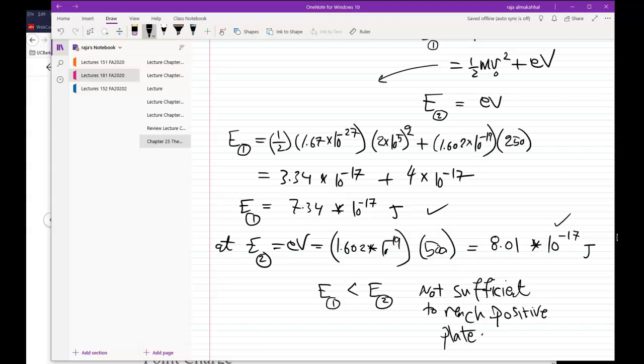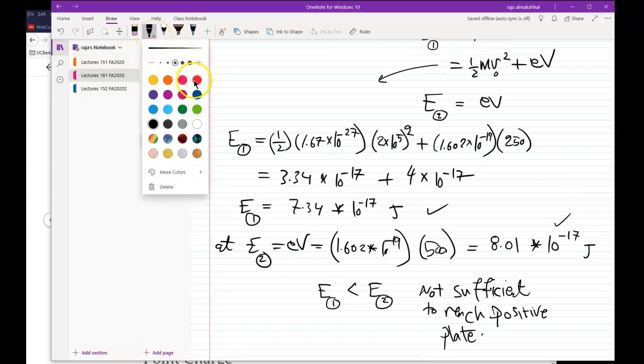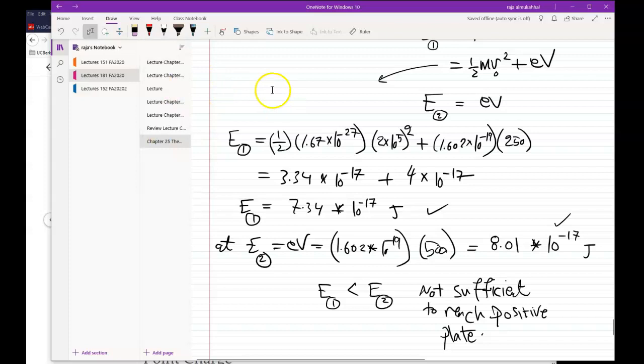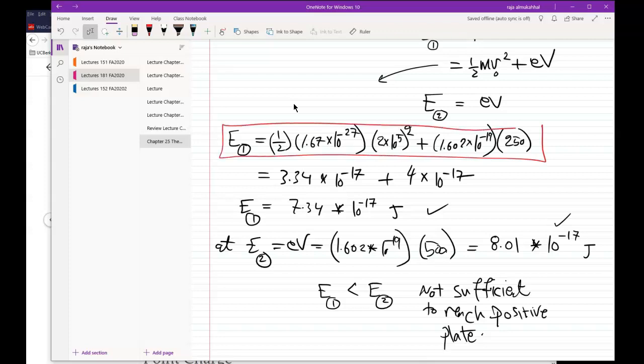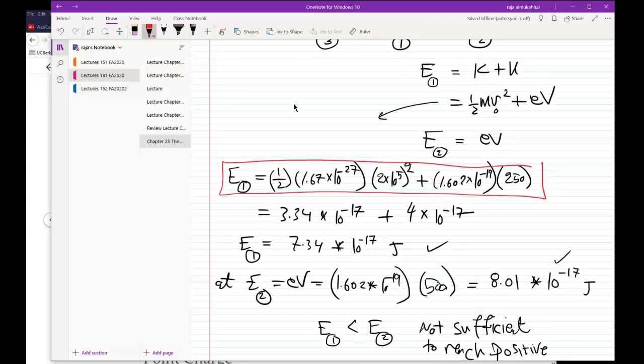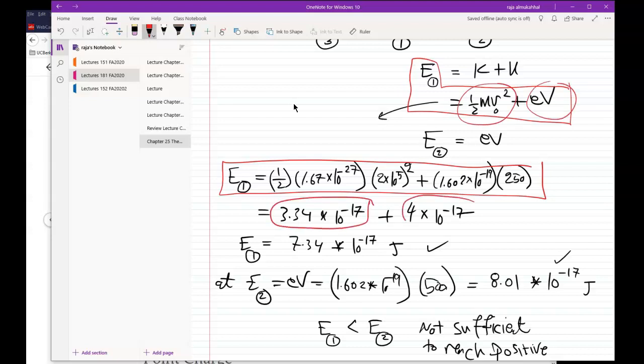Okay? Another way of seeing it, this is one way to see it. Another way of seeing it, look at that. Let me change the color. Remember I told you about bound orbit and unbound, and it has to do with the kinetic and potential? Look at that. When we calculated this one, which came from this one here, right? This is kinetic, this is potential, so that's kinetic right here, and that's potential.